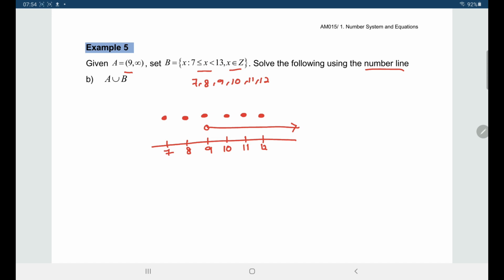From the diagram, any union between A and B? Yes. So the solution set equals the numbers 7, 8. So you can write the set of numbers 7 and 8, or number 9 to infinity. Okay, number 9 is included, so closed, infinity is open.